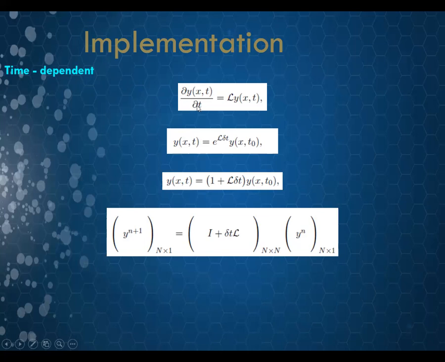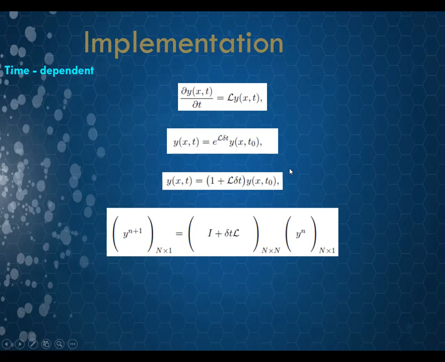The first derivative with respect to time of y as a function of x and t is equal to some terms made by acting this operator on y, and we can write y equal to the exponential of L delta t in this form, and in the infinitesimal form of this, we can write the value of y at time step n plus 1 as acting this matrix on the value of y at the previous time step.